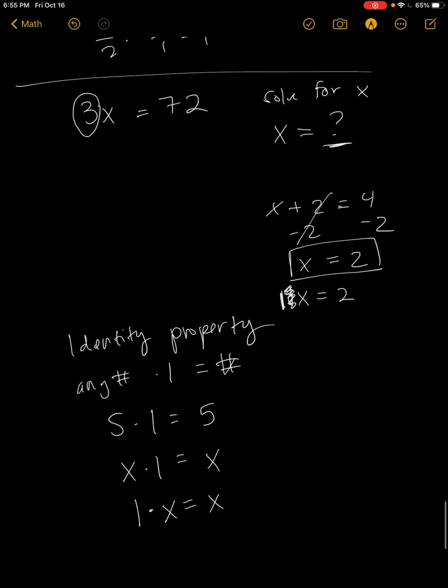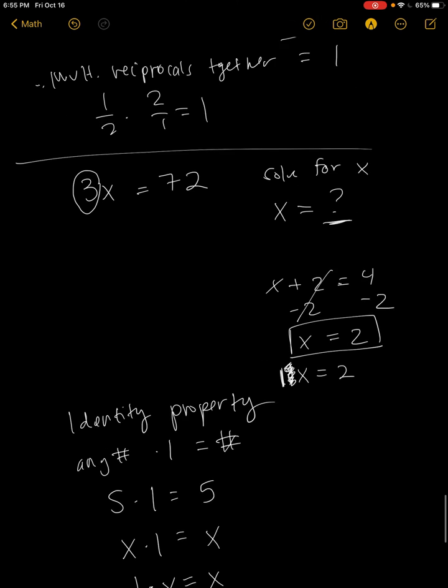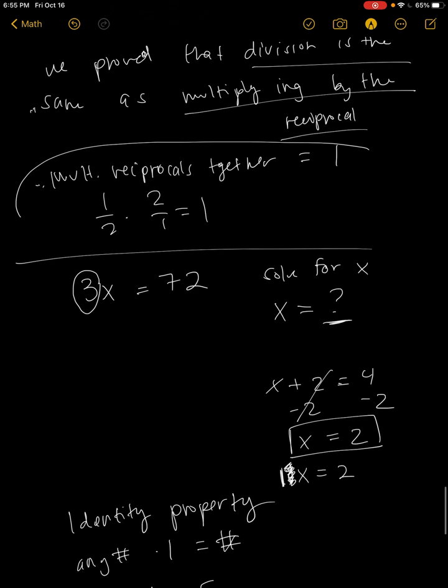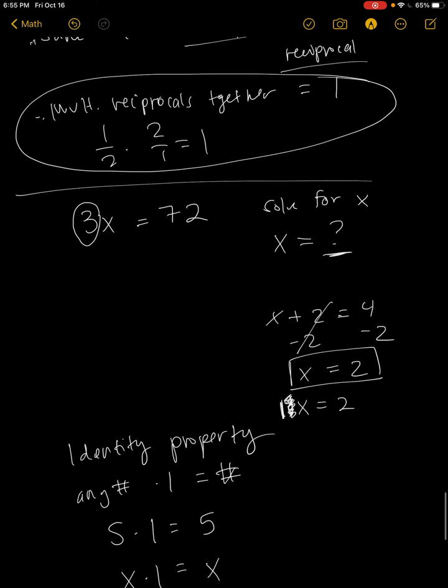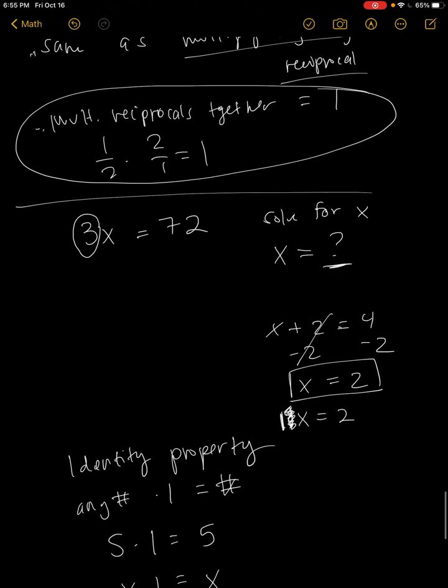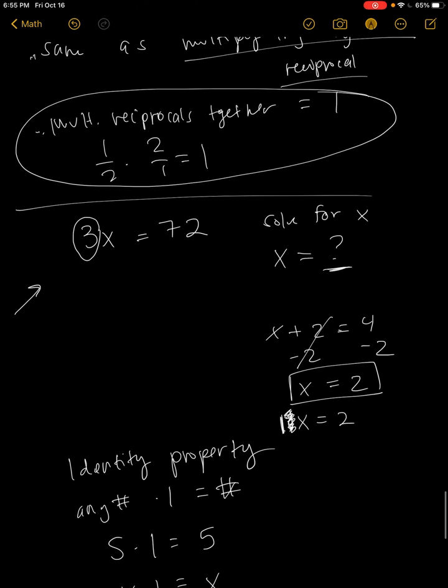But I just want you to remember that, because if you remember this rule, when you multiply reciprocals together, you get 1, and we want to end up in this problem with 1x, not 3x. So, knowing that rule, I can get rid of the 3 by multiplying by the reciprocal.